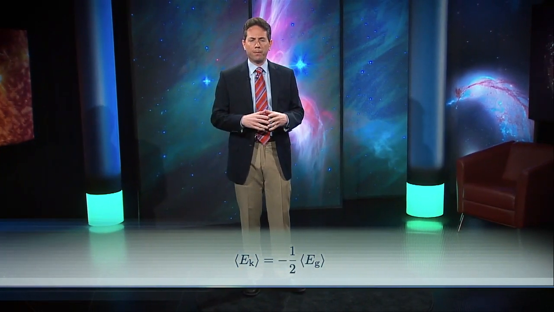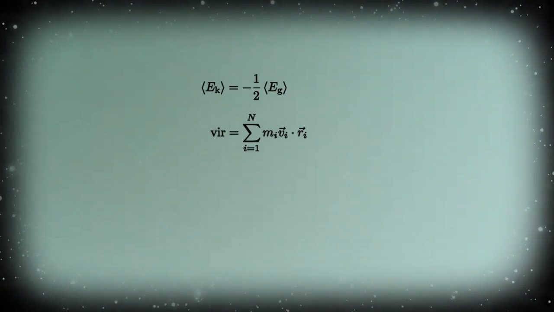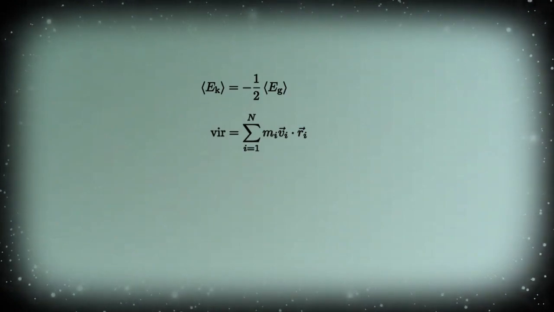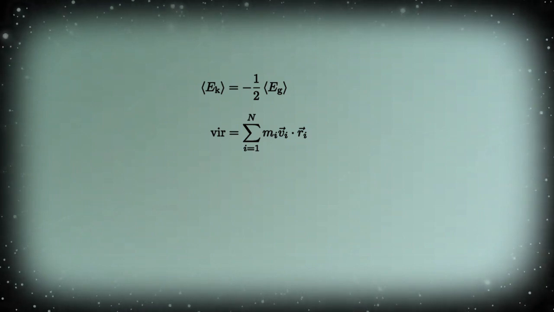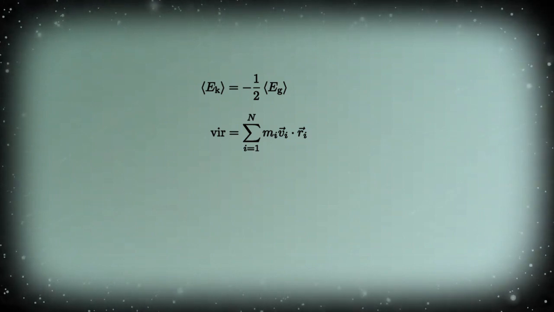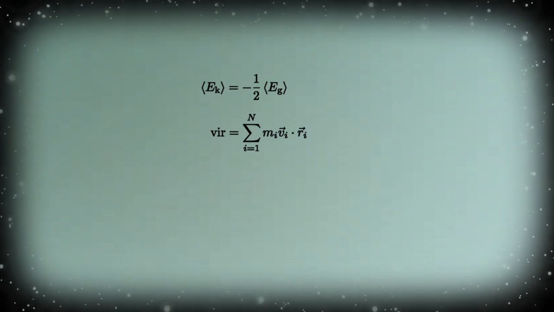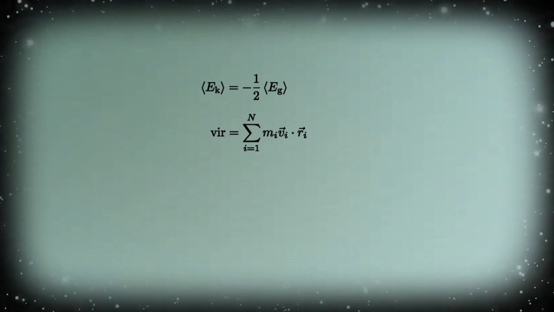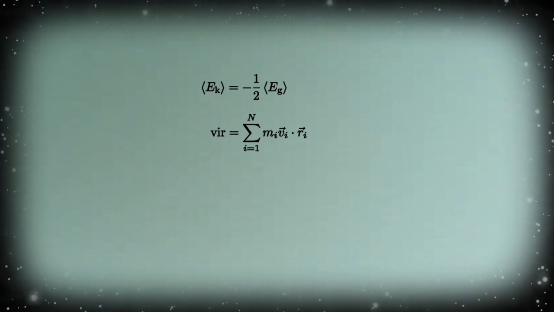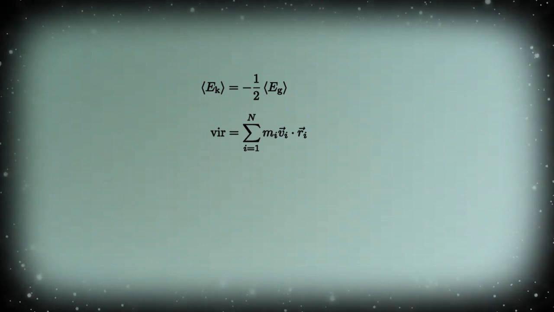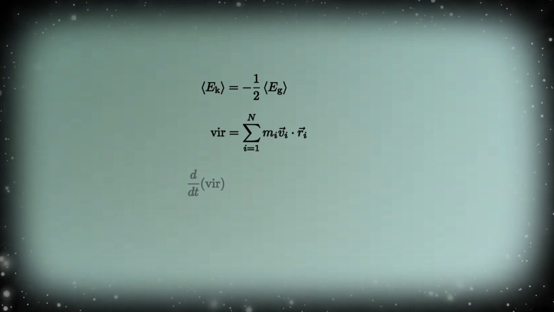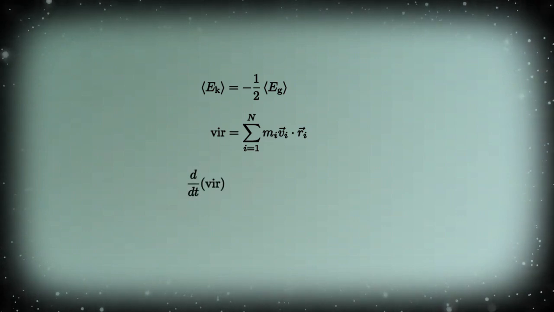To prove the theorem, we start by defining the virial as the dot product of momentum and position summed over all the particles from 1 to n. The name virial comes from a Latin word for something like strength, although momentum times position doesn't have any obvious physical significance. We'll see why it's useful by taking the time derivative.